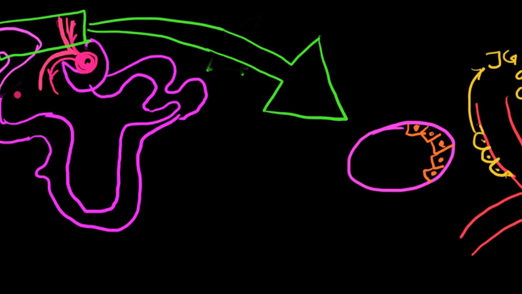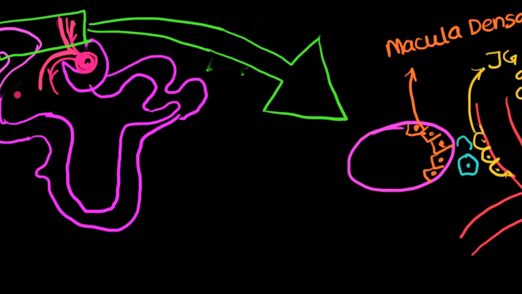These specialized cells facing the afferent arteriole are known as the macula densa. These are the macula densa cells, and along with this we also have another component, which is your mesangial cells. So these are mesangial cells.